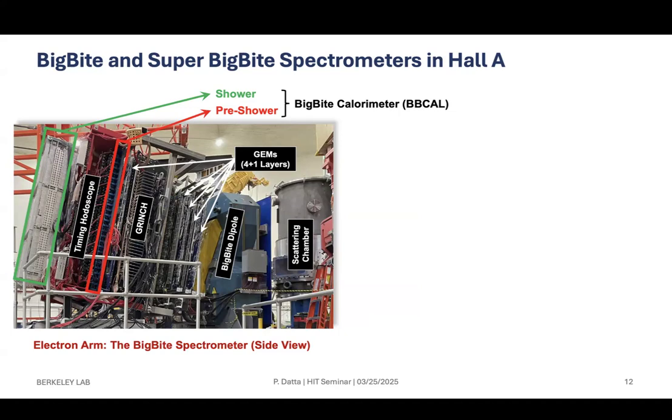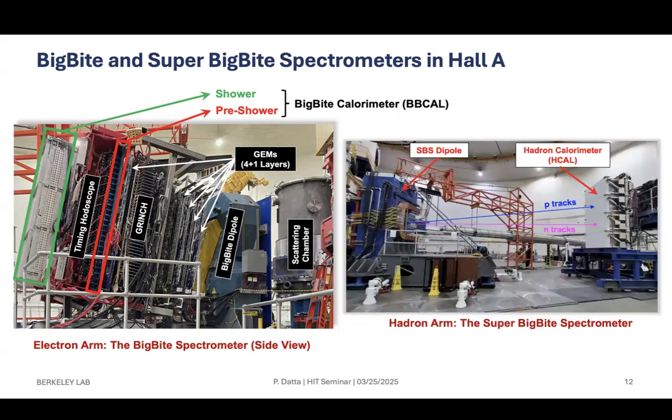And on the beam right, or in the hadron arm, we had the Super BigBite Spectrometer, which consisted of the SBS dipole magnet for the separation of high energy nucleons by charge, and the hadron calorimeter for their simultaneous detection. I think the collaboration got its name from this dipole magnet, the Super BigBite Spectrometer magnet.